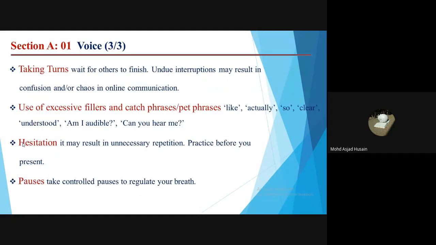Next is taking turns. Many a times, participants in an online conference or in an online call where there are many participants, especially where there are many hosts, they take turns randomly, and it creates a kind of confusion or even chaos in the online communication.